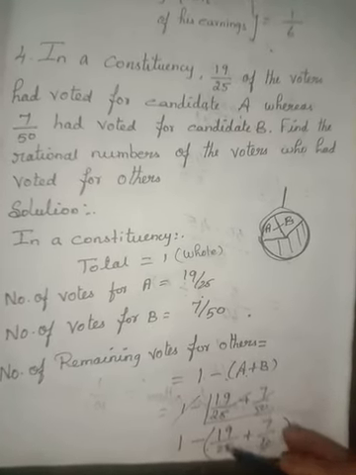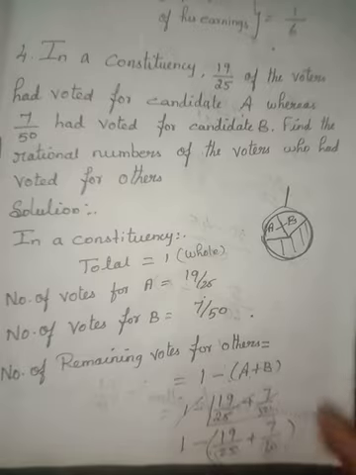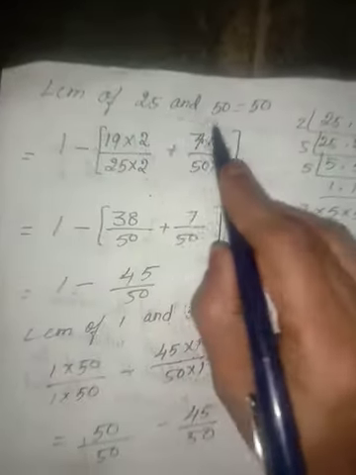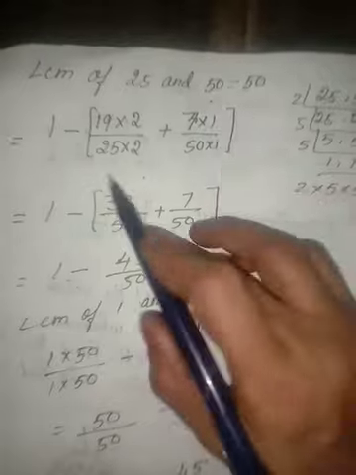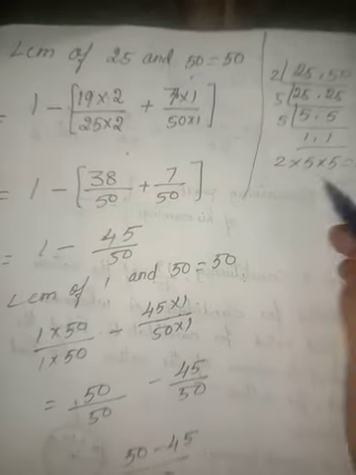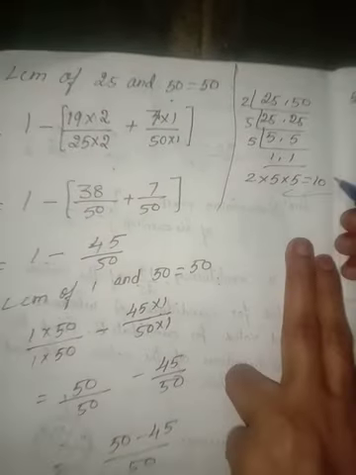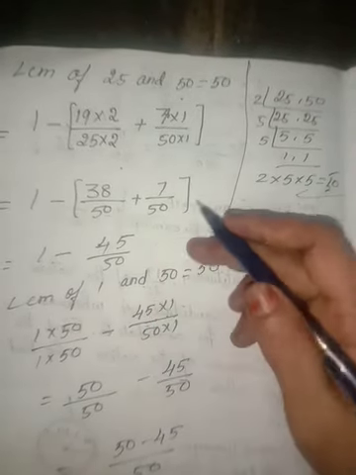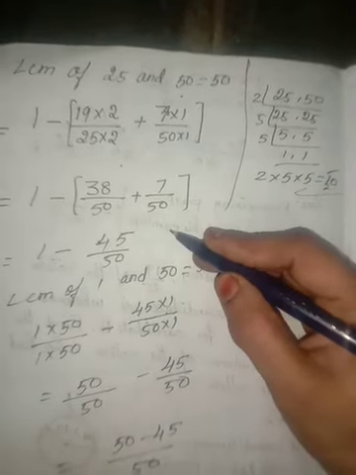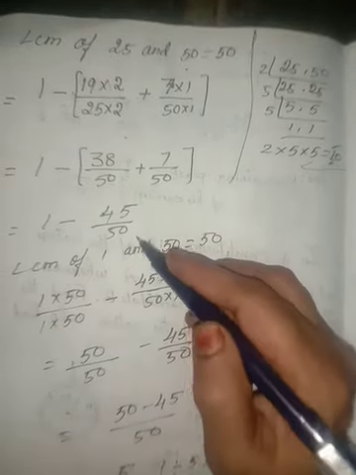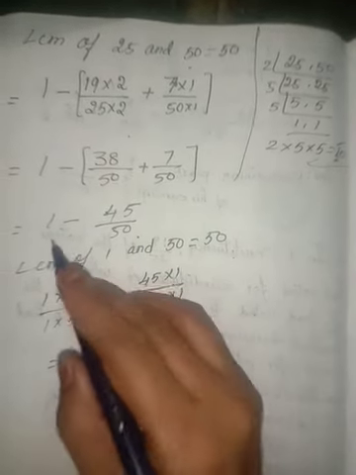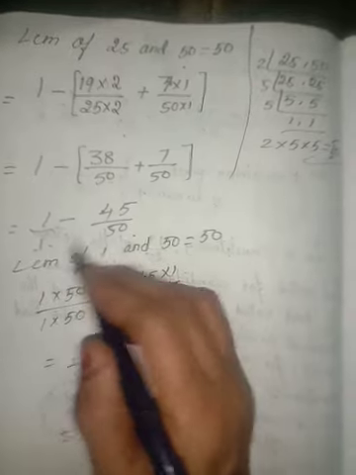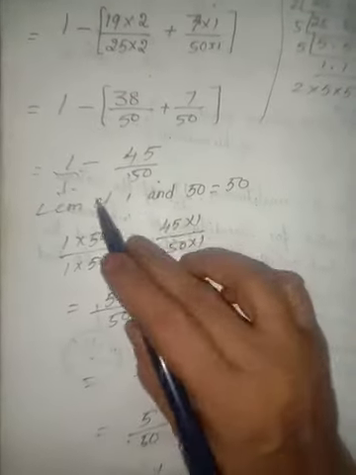7 by 50. Here the denominators are unlike. We should take the LCM of 25 and 50 and make them like denominators. Taking LCM 50, we make equivalent denominators. So we get 1 minus 45 by 50. To subtract, the denominators are unlike, so again we take the LCM of 1 and 50.